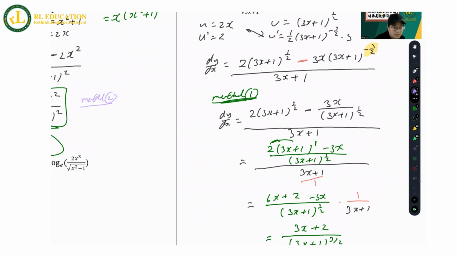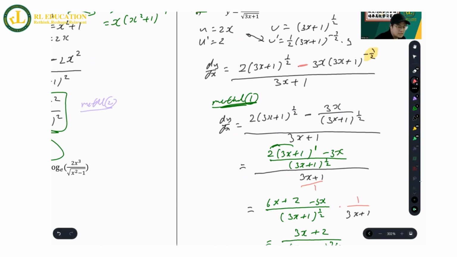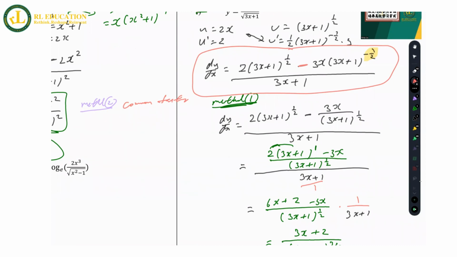What is method 2? Method 2 is called common factor. Just based on these steps, can you see you got a common factor? They both have this, so this is much faster, much more appropriate. The common factor that I take out is 3x plus 1 to the power of what first?